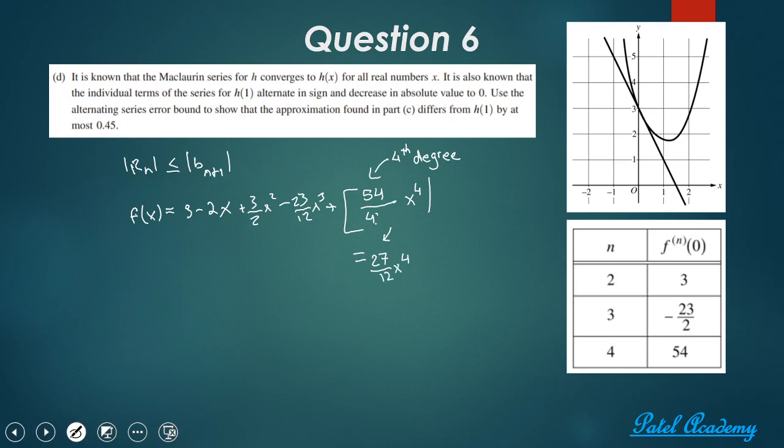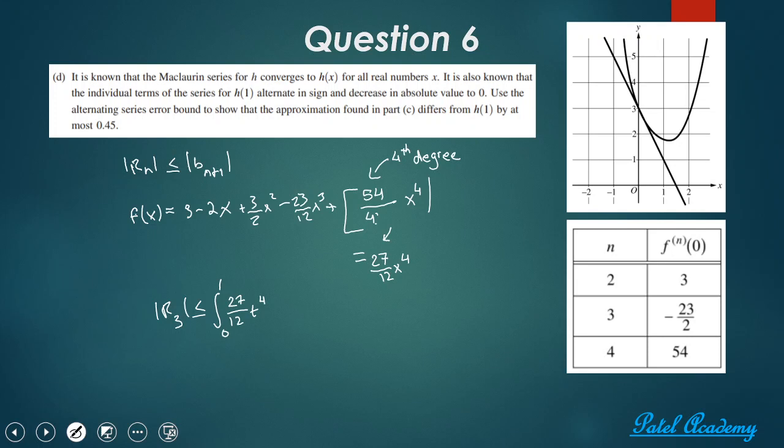Alright, so our remainder at 3, because we're using our third degree, has to be less than or equal to the integral from 0 to, again, 1, because our x is 1, of 27 over 12 t to the fourth. Right? This is just because that is going to be our next term.